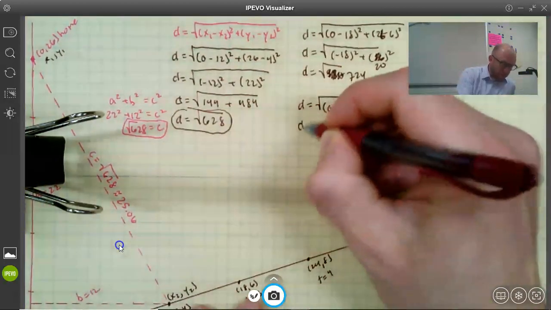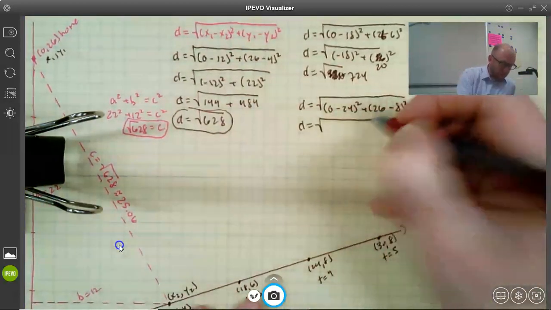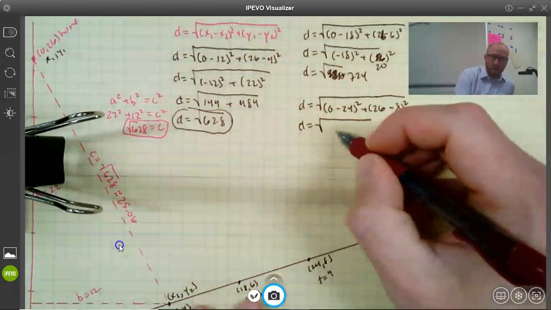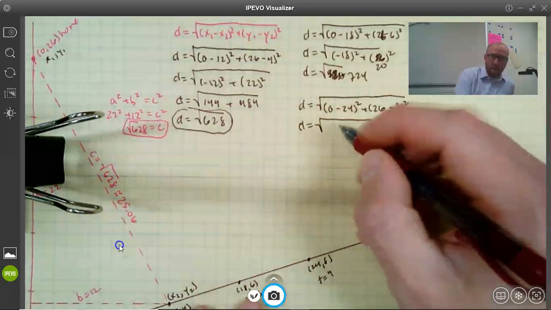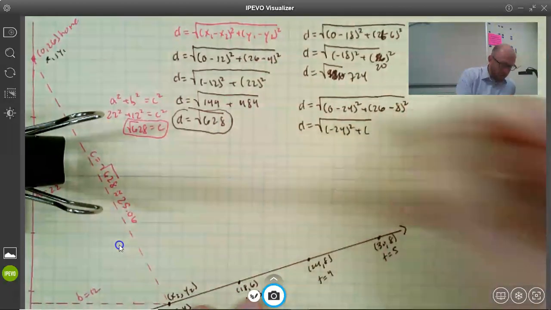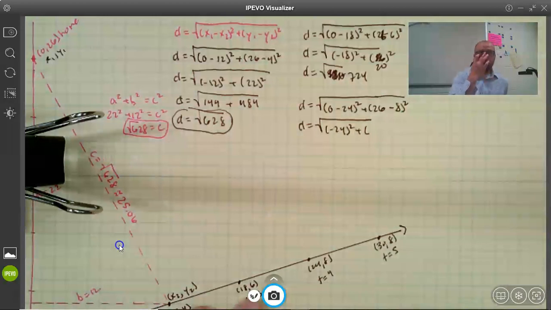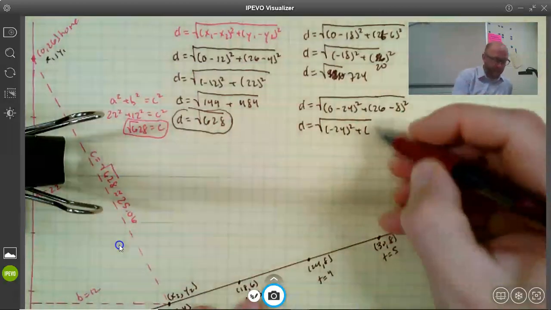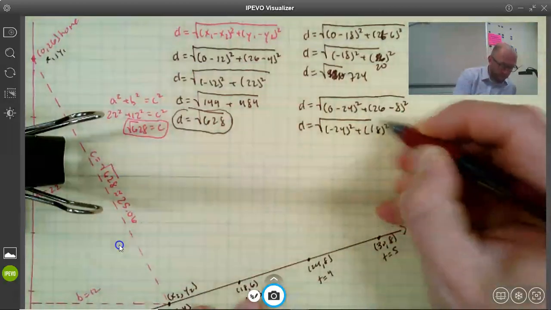All right, 26 minus 8. All right, and that's going to be, let's see, 0 minus 24, negative 24 squared. 26 minus 8 is 18 squared.